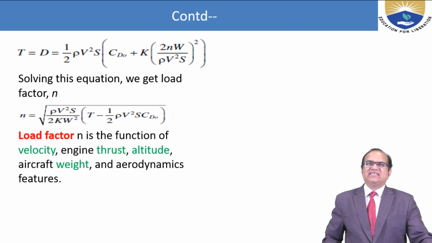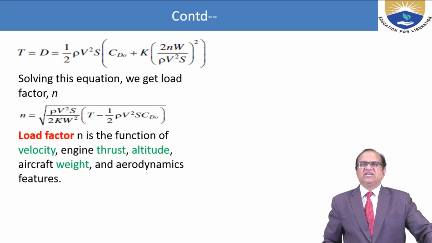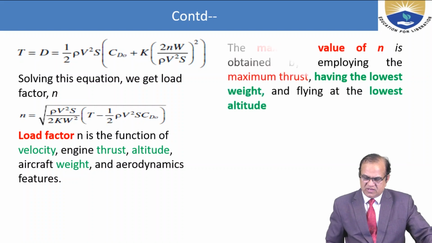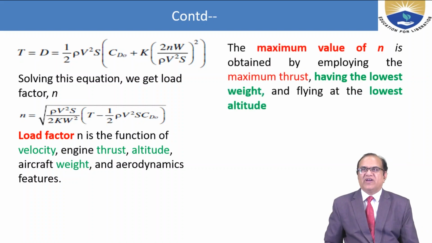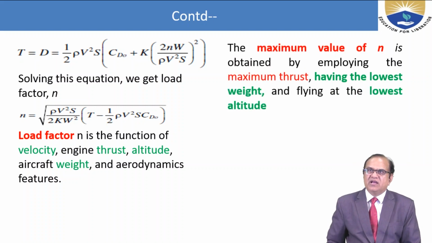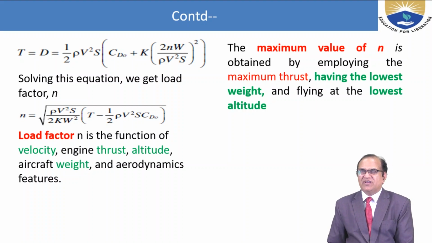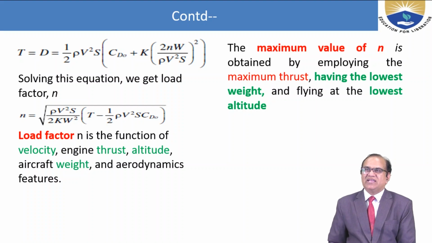Load factor n is a function of the velocity, engine thrust, altitude, aircraft weight, and aerodynamic features. The maximum value of n is obtained by employing the maximum thrust, having the lowest weight, and flying at the lowest altitude.